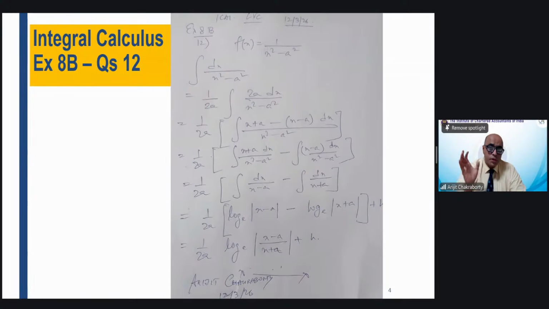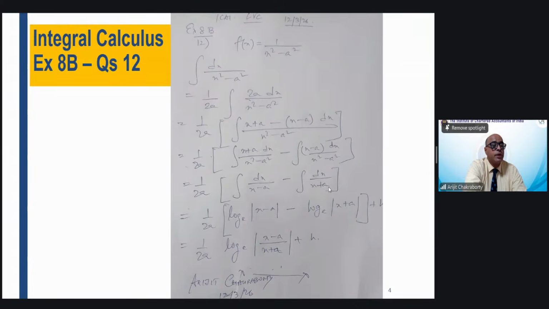Now you know from the standard formula, the basic formula of integration, dx by (x minus a) is basically log (x minus a). तो यहां पे हम लोग last line में, you can see second last line, I have written log e, of course this is to the base e, log e (x minus a) minus log e (x plus a) plus the constant of integration.